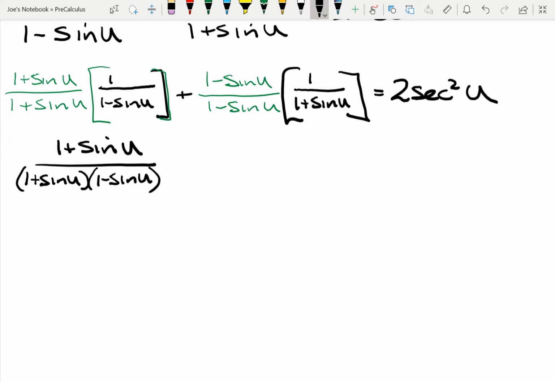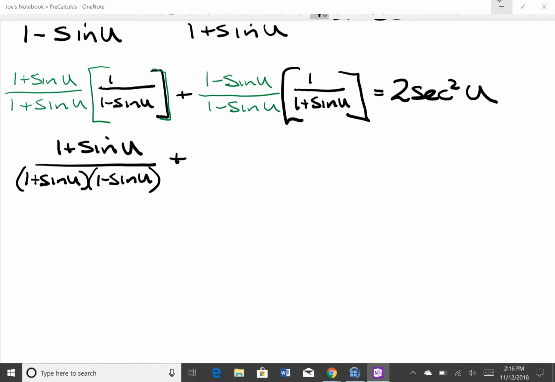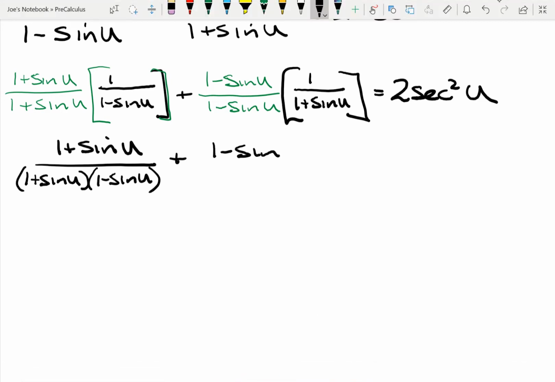If I can see legit steps, you don't have to show this, right? So just busy work and showing, that's unnecessary. But for purposes, I'm showing everything. Then I'm going to combine my other terms. So I've got 1 minus sine of u, all over common denominator 1 plus sine of u, times 1 minus sine of u.